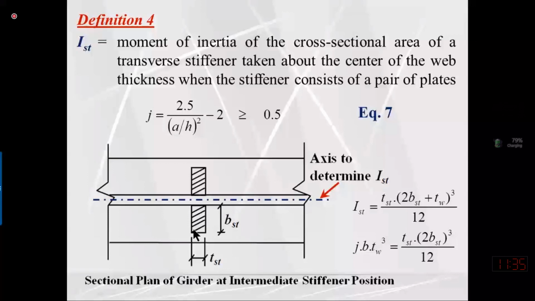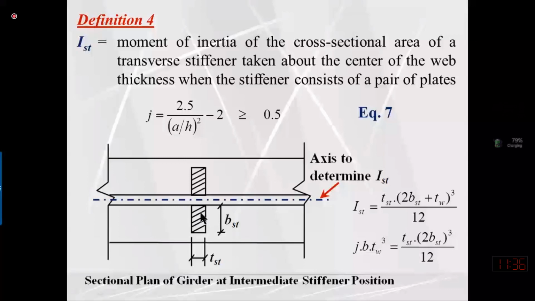And then if you are computing the moment of inertia of one stiffener about its base, this formula will be 3, because you are supposed to compute the moment of inertia of single stiffener about its base. The moment of inertia of rectangle about centroid is B d cube divided by 12, and moment of inertia of stiffener about its base will be B d cube divided by 3.